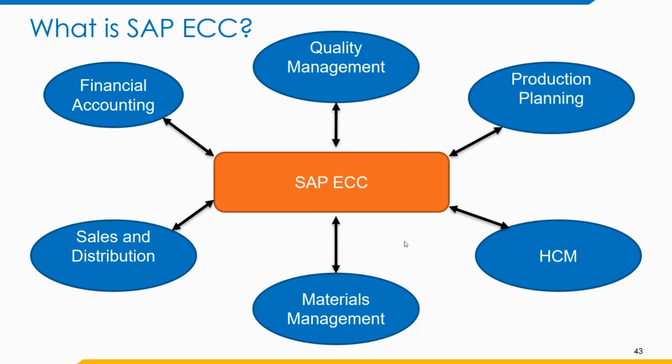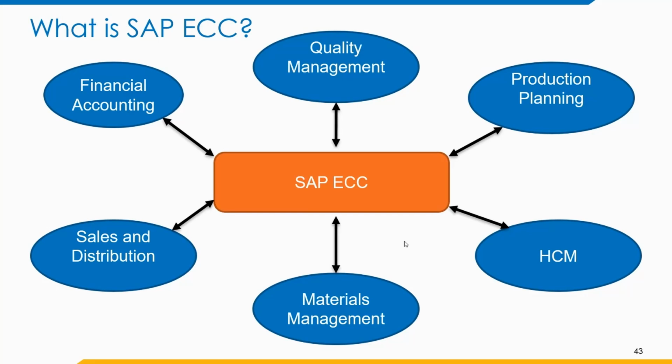SAP ECC is an ERP system that will integrate digital information from one business area to another business area in real time. It is an ERP core component, the ECC system, where it will integrate different modules that SAP is providing, such as financial accounting, quality management, product planning, human resource management system, material management, and sales and distributions.